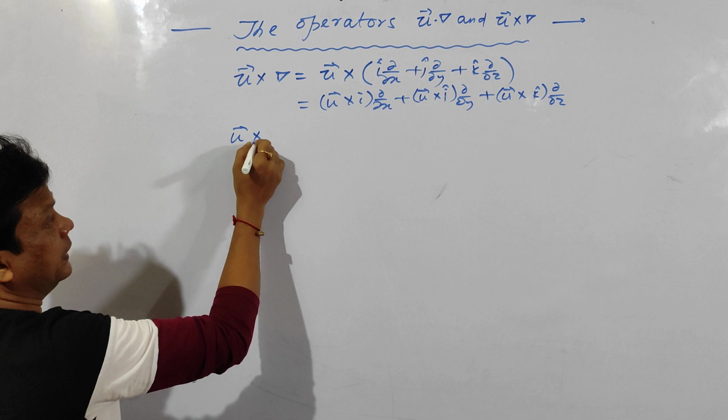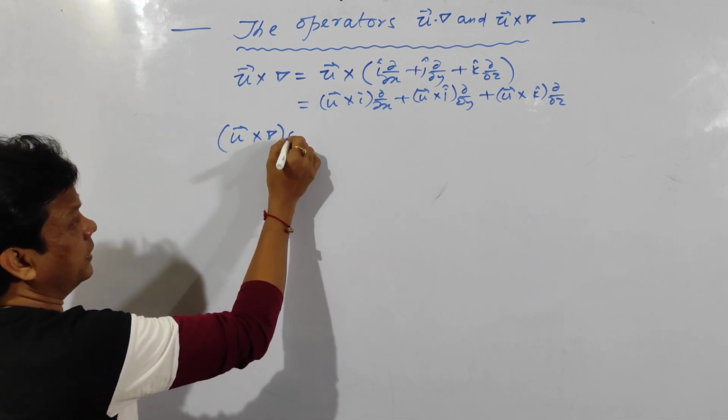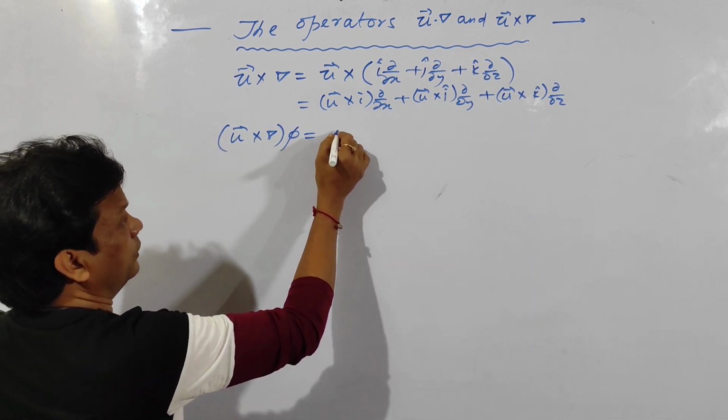So this is a vector differential operator. And if this operator is applied to a scalar point function, what will we get?